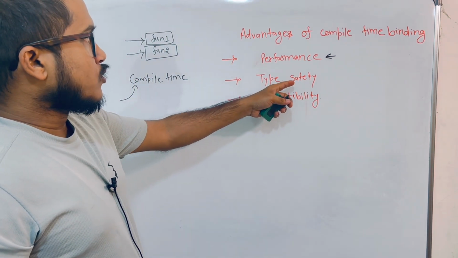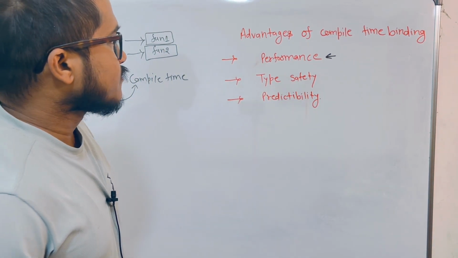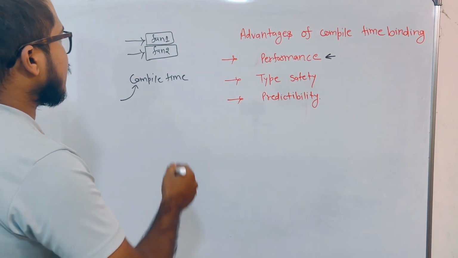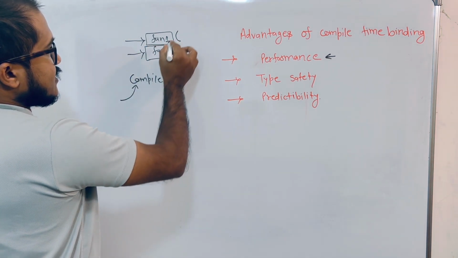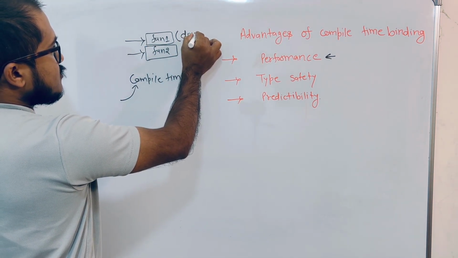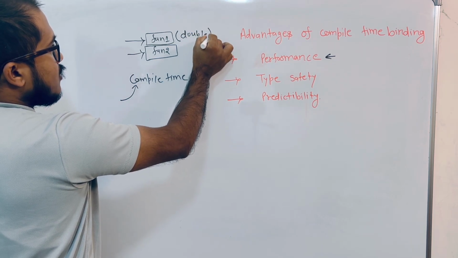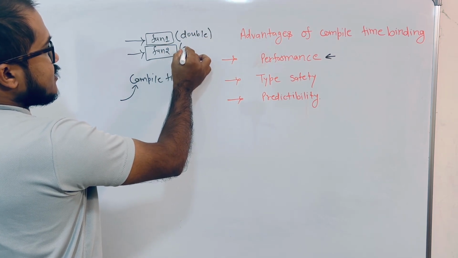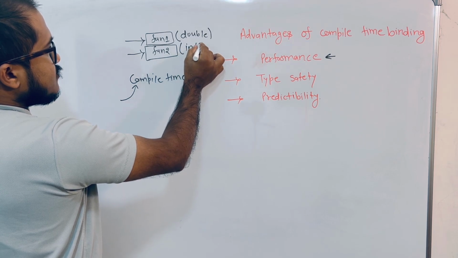Now if I talk about the second advantage, that is type safety. So let's say this particular function accepts the argument as double and this function accepts the argument as integer.